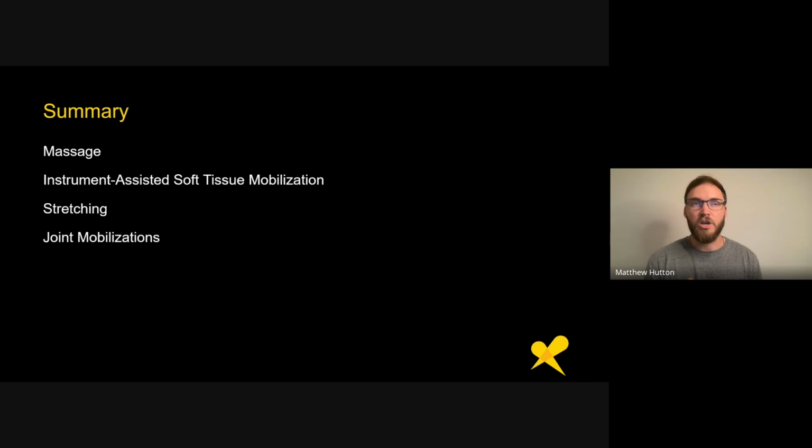There's stretching, which by nature of manual therapy is either active assisted or passive, but it's something where the clinician is actually using their hands to facilitate the stretch. Specifically, you should be pushing them for longer durations and higher intensities. And then for the joint mobilizations, we have access as athletic trainers to the first 4 grades, but we're not usually allowed to facilitate the 5th degree, which would be a manipulation, not a mobilization.